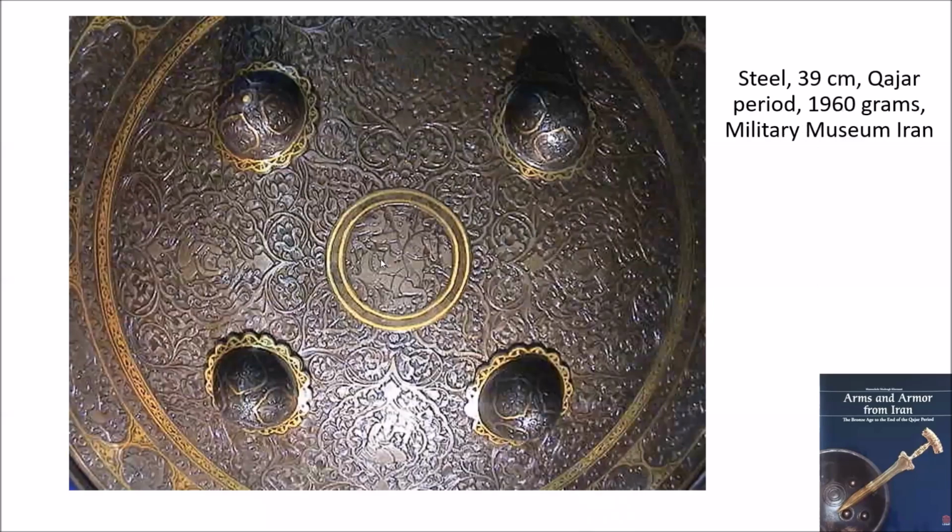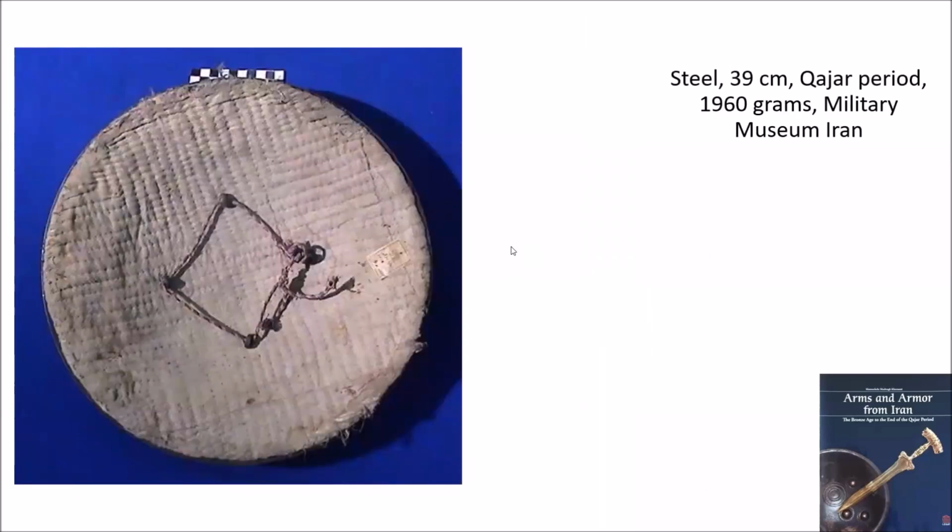And this is the typical hunter in Qajar style. The whole surface is hand chiseled, as you see how beautiful, and then also gold overlaid, so partially gold overlaid. The back of it is also covered, as you can see here. It's felt, very beautifully done. 39 centimeters is the diameter, and 1,960 grams it weighs.